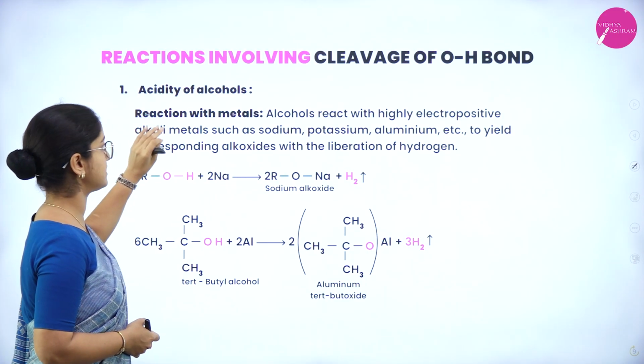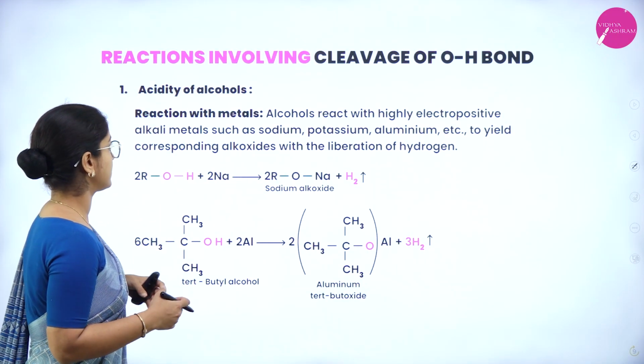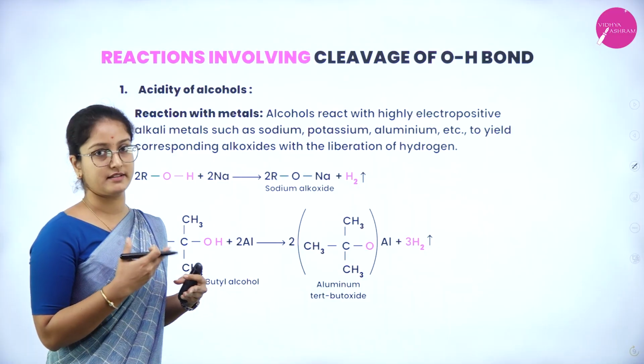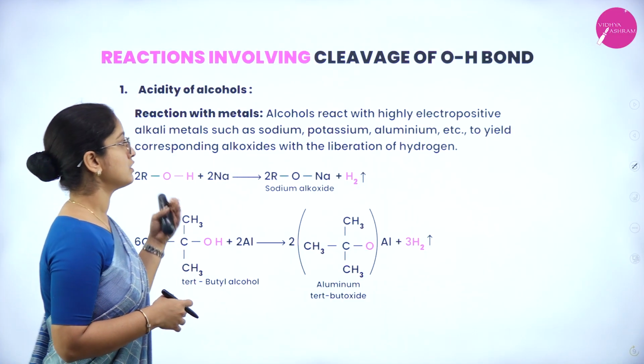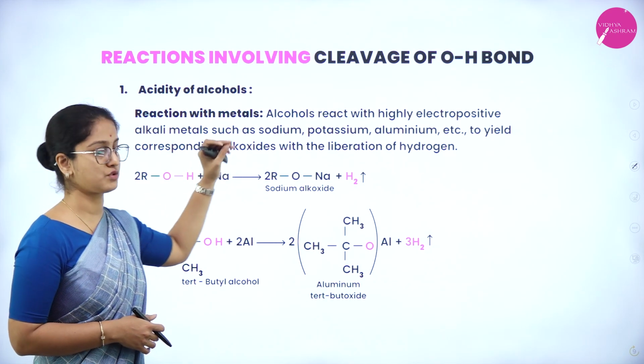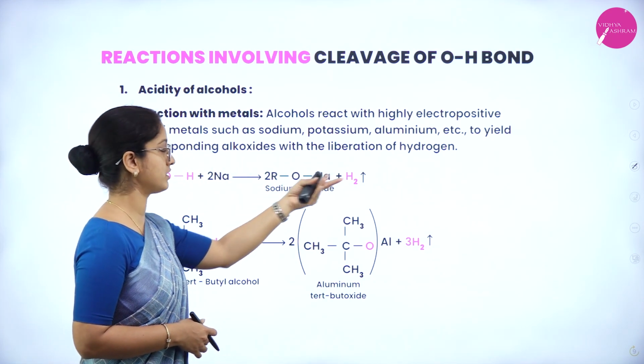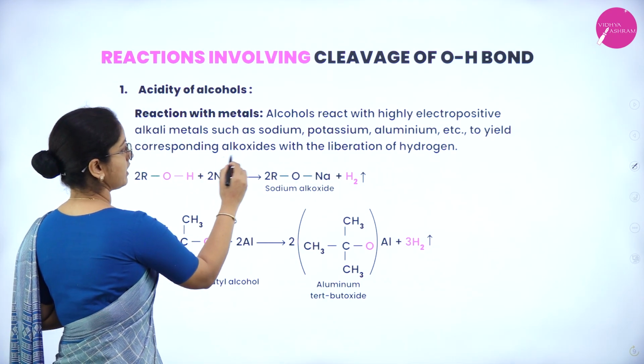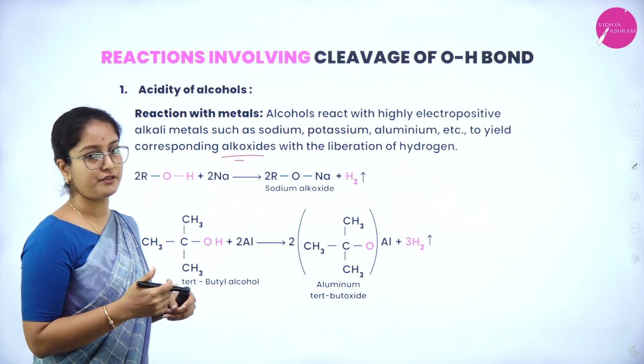That is the acidity of alcohols, wherein reaction with metals shows the acidity of alcohols. Alcohols react with highly electropositive metals such as sodium, potassium, aluminium, etc. to yield the corresponding alkoxide with the liberation of hydrogen.